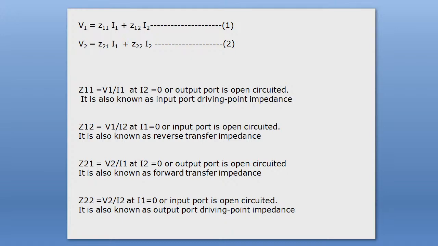You just remember this thing. A two-port network is said to be a symmetrical network if its output driving point impedance is the same as its input driving point impedance, that is Z11 equals Z22, then we can say that the circuit is a symmetrical circuit.